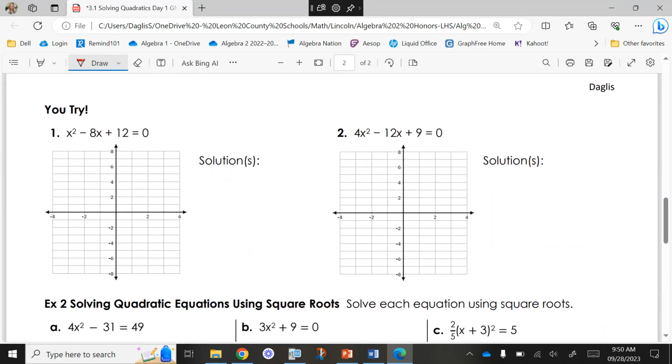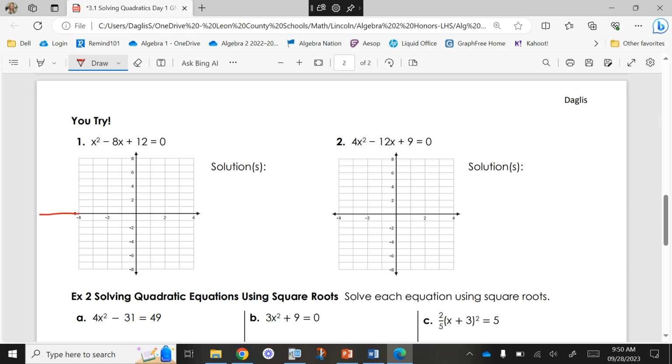All right, lovelies, I want you to try these 2 on your own or with the partner you're sitting next to. I will tell you, number 1, it does go off the graph, and I'm sorry. You have a solution that goes this direction. One of the solutions goes off the grid. Sorry.